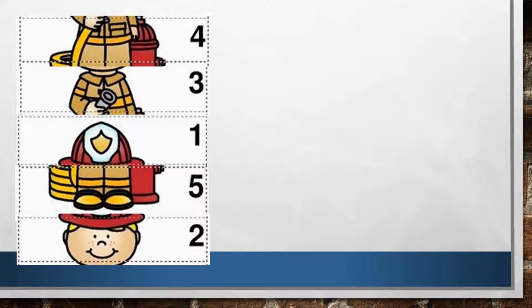Here are blocks of picture with number. We will arrange this picture in proper sequence. Now find the proper numbers in order.